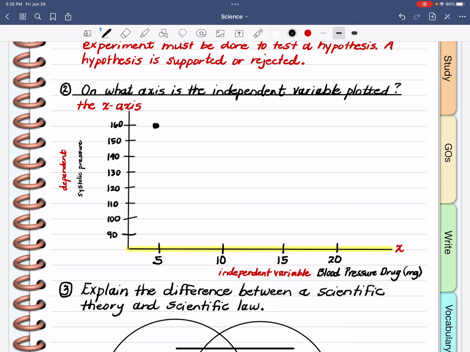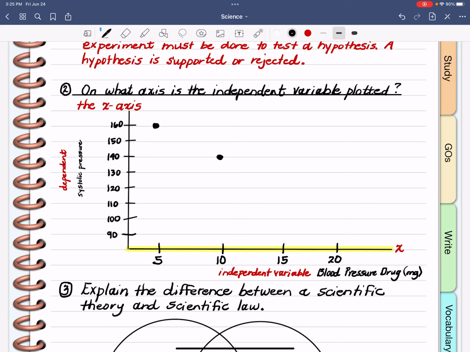When he increases to 10 milligrams of blood pressure medicine, what do you think will happen to his pressure? More medicine, lower pressure. So maybe at 10 milligrams, he's dropping here to 140. That's a good thing for somebody with high blood pressure. You want it to come down with the medication.